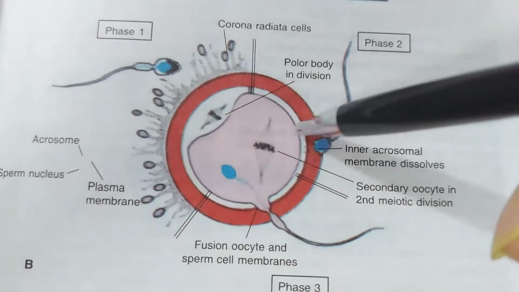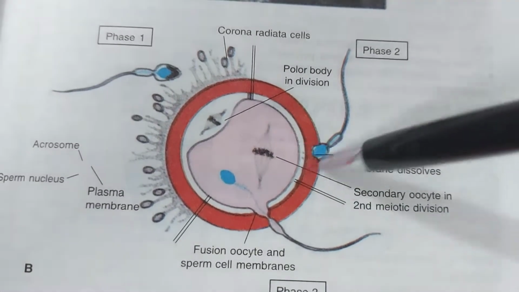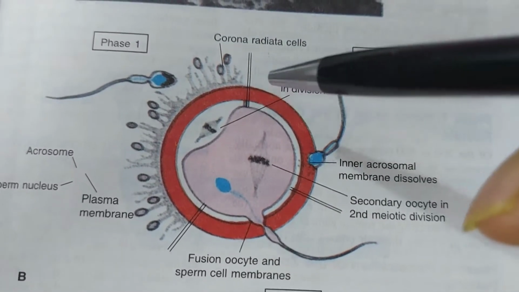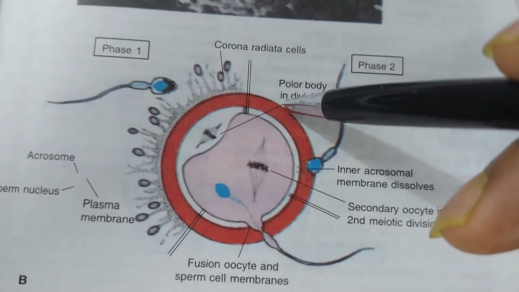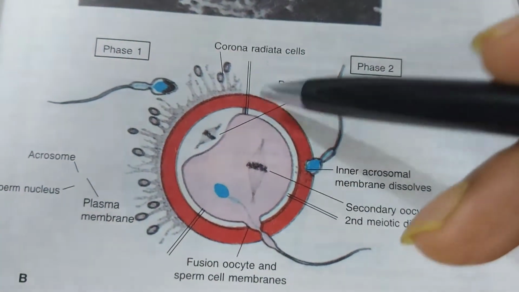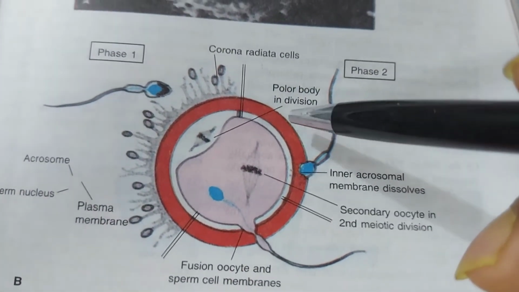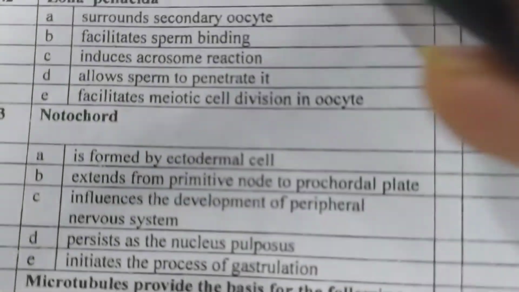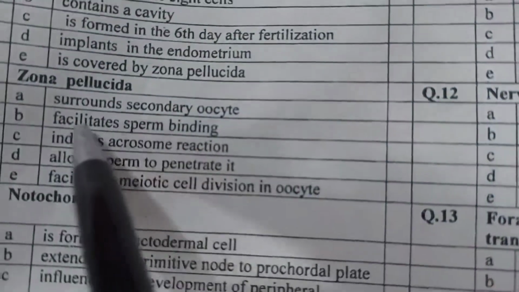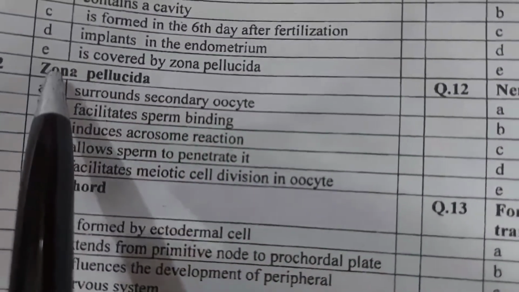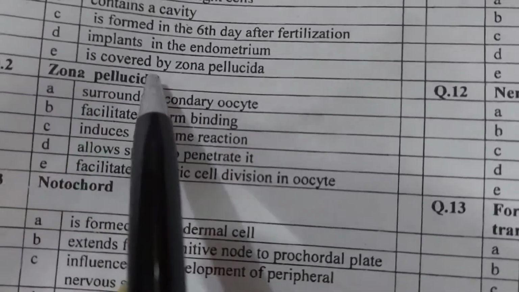If one sperm binds with this Zona pellucida, it becomes impermeable, or very hostile to other sperm, so that no other sperm can enter through this Zona pellucida. So we can conclude that facilitating sperm binding is true for the Zona pellucida.